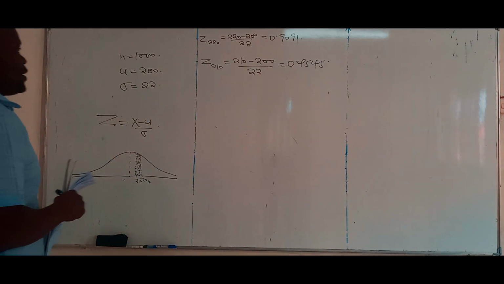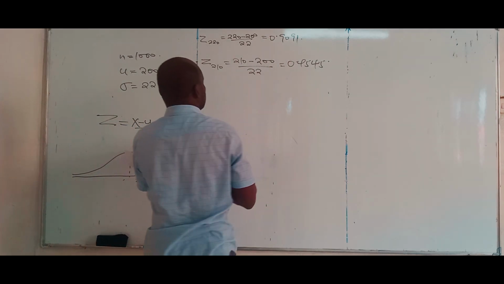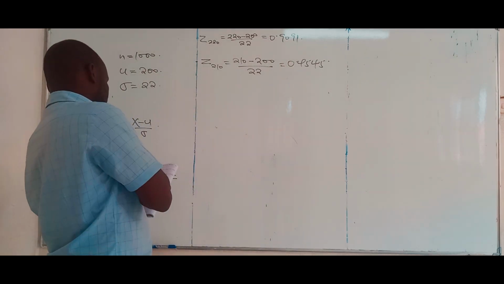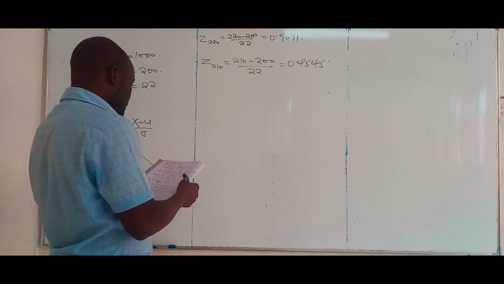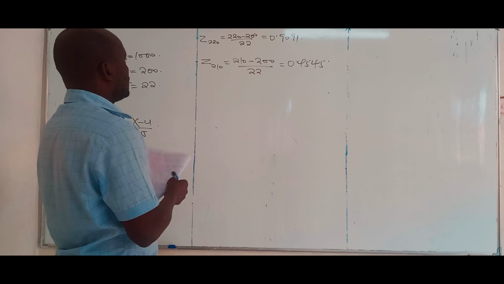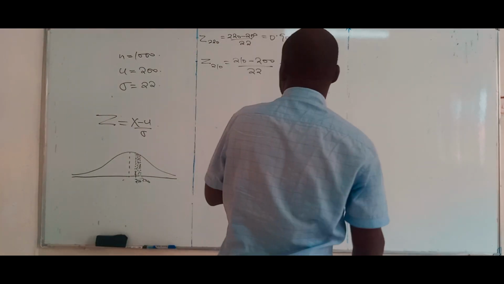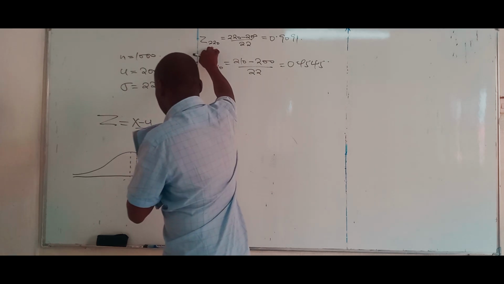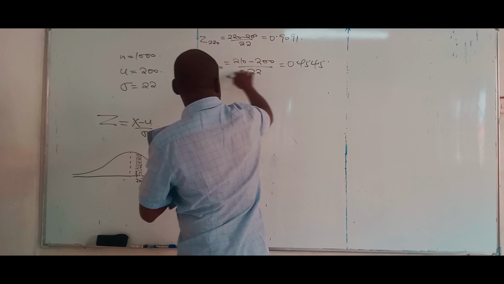If we were to get that difference, then definitely what we are going to do is subtract this from that. So these are the Z's. Z of 220 is this, and Z of 210 is this.